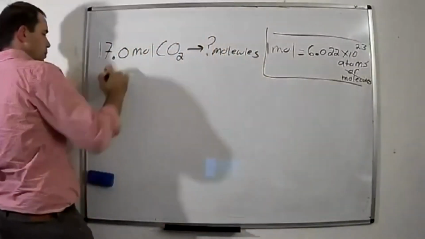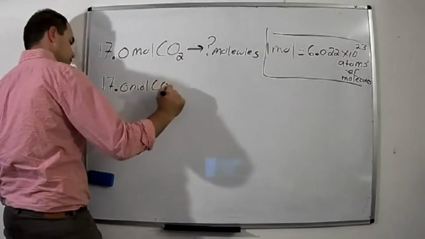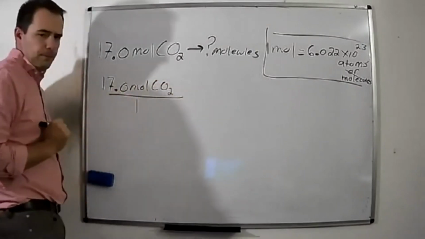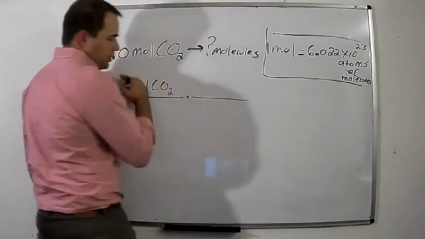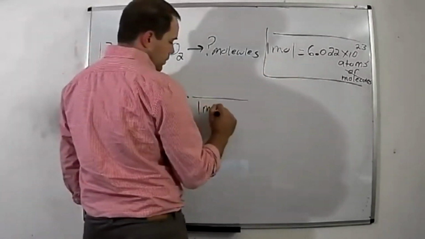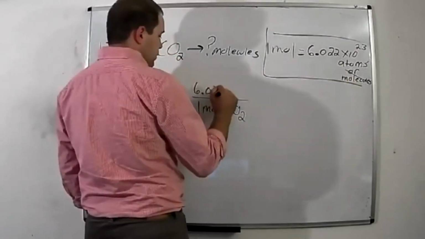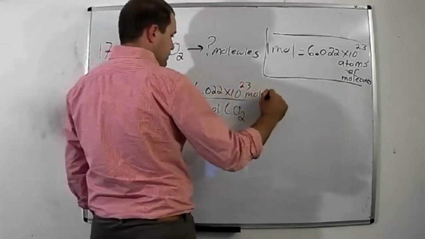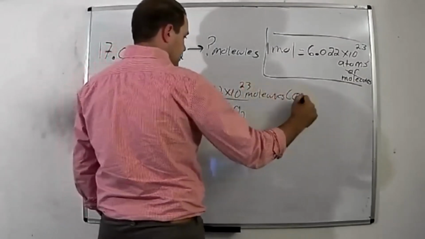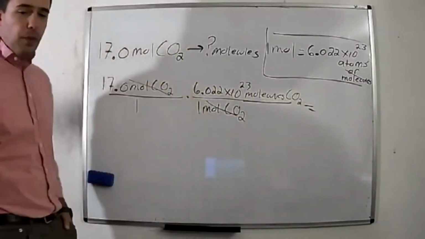We take what we're given, 17.0 moles, put it over 1. This time I need moles to cancel out, so the 1 mole goes on the bottom, and Avogadro's number, 6.022 times 10 to the 23rd, goes on top. And this time I'm going to multiply.